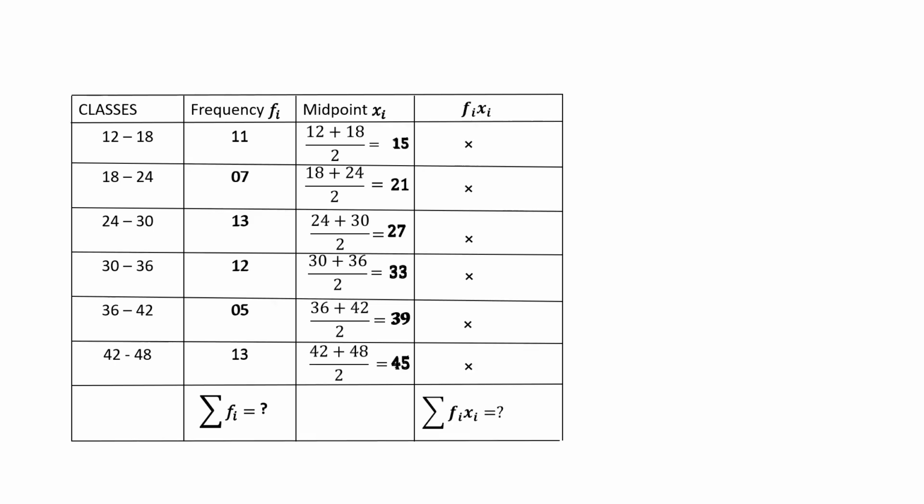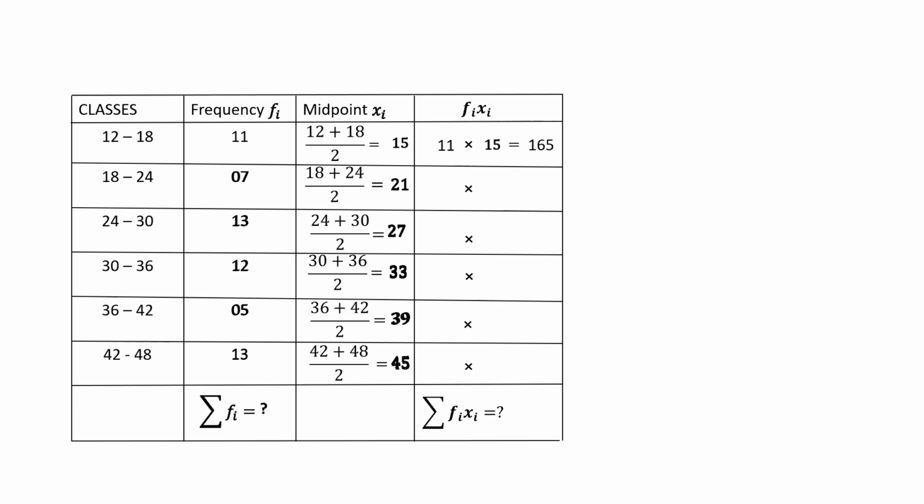So let's move now to the product of the frequency times the midpoint. For each class, we multiply the frequency by the midpoint of that class.